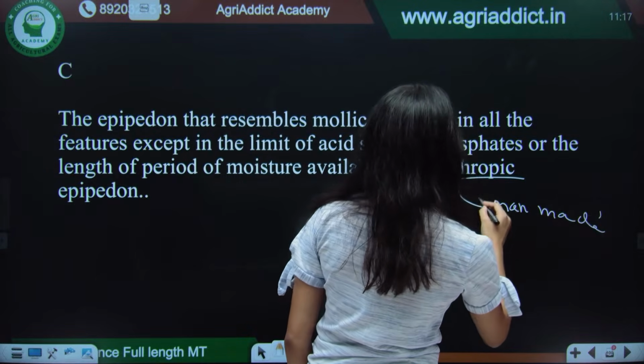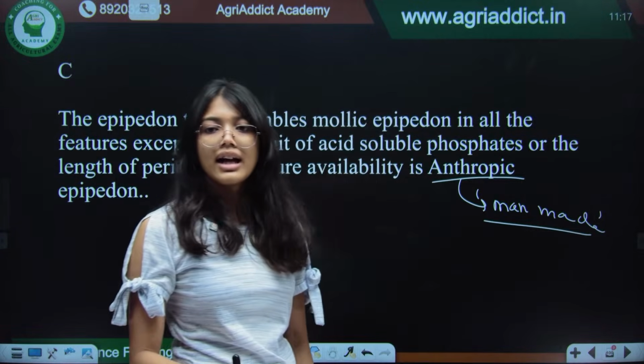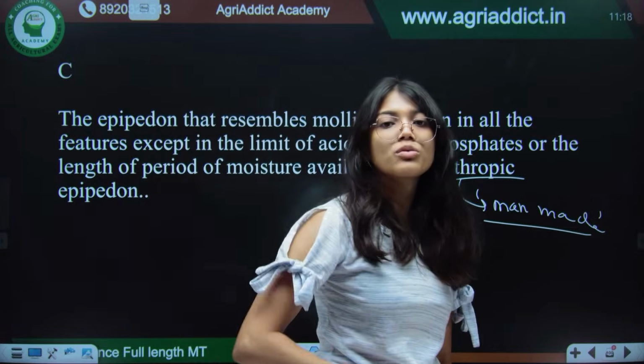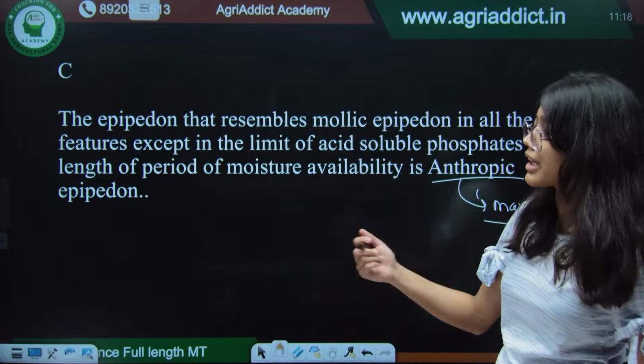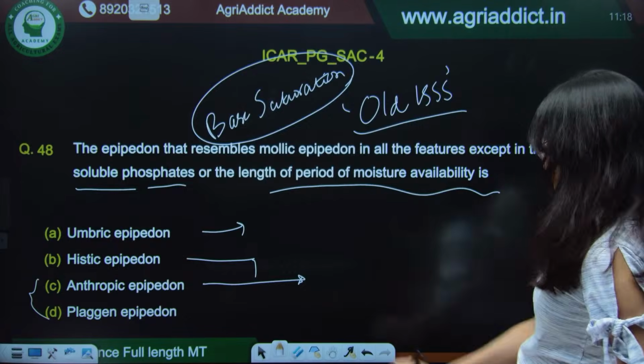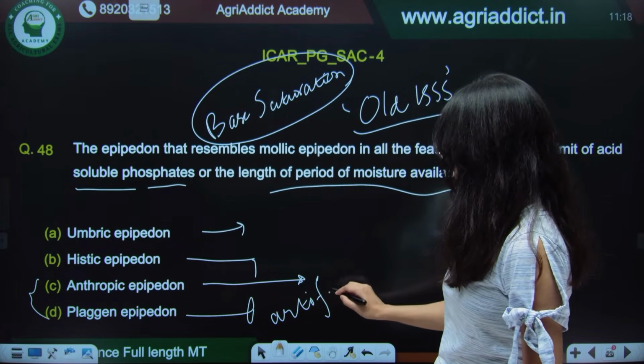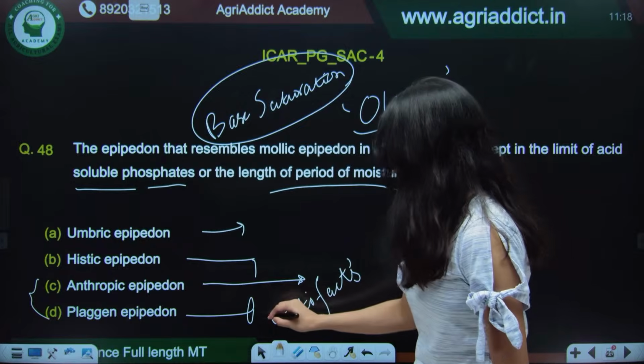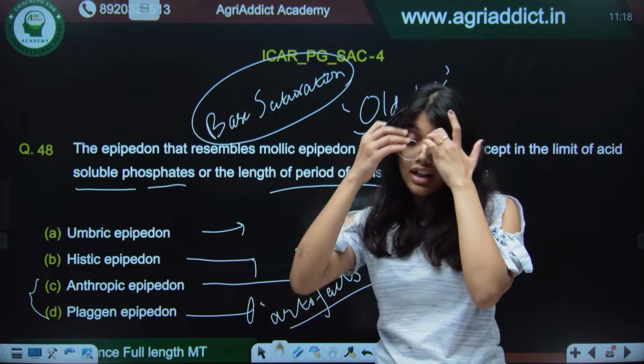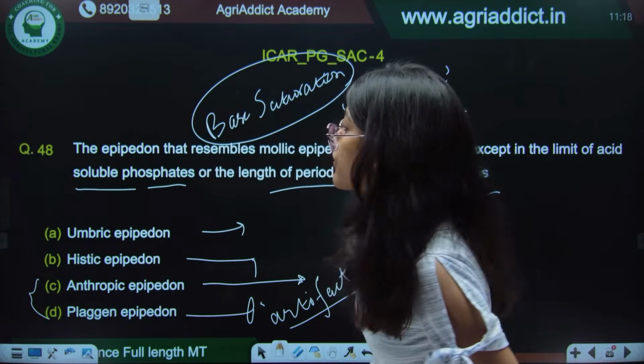Anthropic is man-made. And plaggen, on the other hand, is human modified. So questions might come like that. And in case of plaggen epipedon, we have artifacts. Okay, artifacts are present in plaggen epipedon. So these are some of the keywords that you should remember about each and every epipedon.